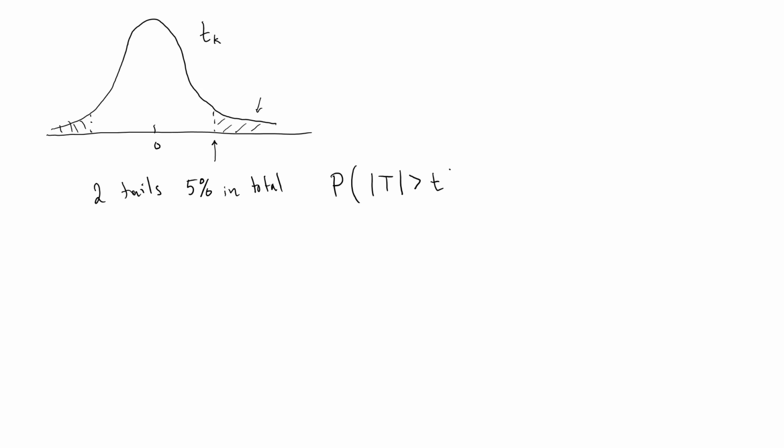That means that I am in the tails, and I want this to be 5%. This is a very common problem, and we can calculate this particular value for t here using a whole array of software.